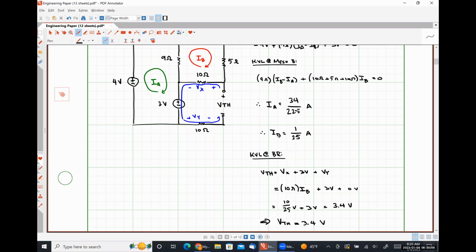That being said, if we're trying to find a voltage, usually nodal analysis, if I'm going to have to write a system of equations, would be the one that I would use because it allows me to solve for voltages directly. I don't have to take this additional step of writing another KVL equation and figuring things out. Nothing wrong with it, but to me, it's not as efficient because I have to do two things instead of just one thing. Okay. All right, so any questions about this Thevenin equivalent voltage here?